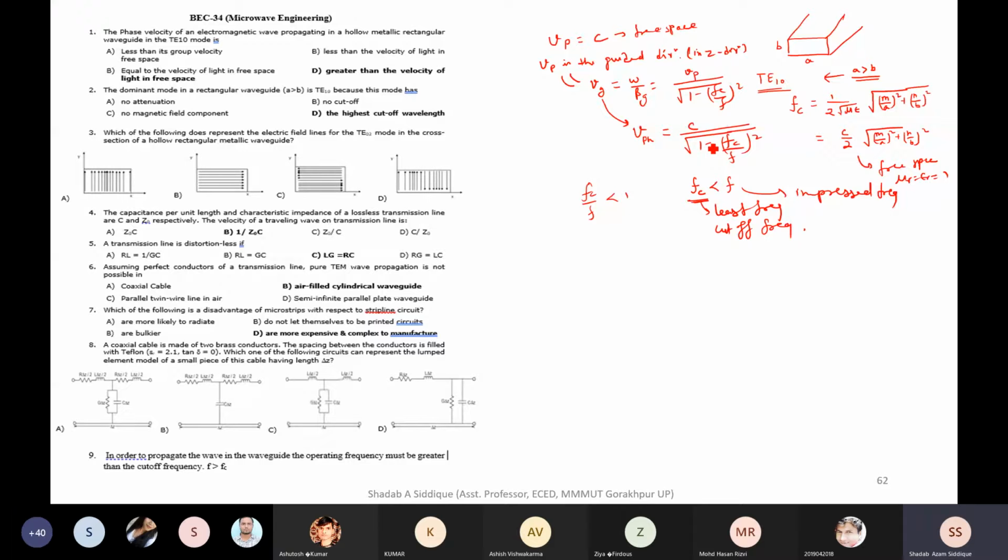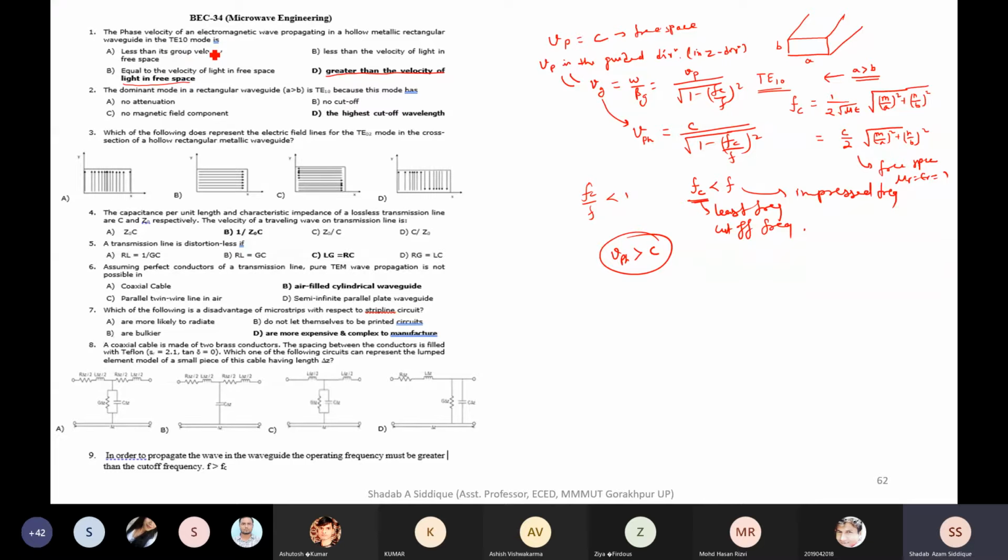So if this is less than 1, Vph should be greater than c. We can say this phase velocity is greater than the velocity of light in free space. The question was about the phase velocity of the electromagnetic wave propagating in a hollow metallic rectangular waveguide in the TE10 mode.